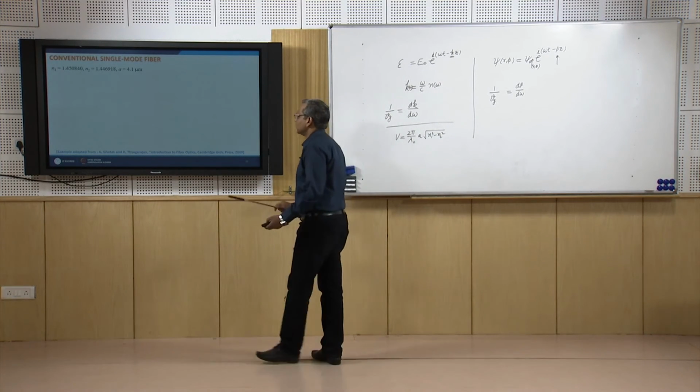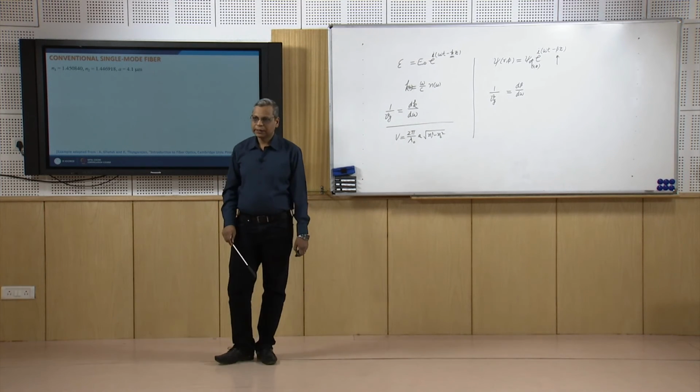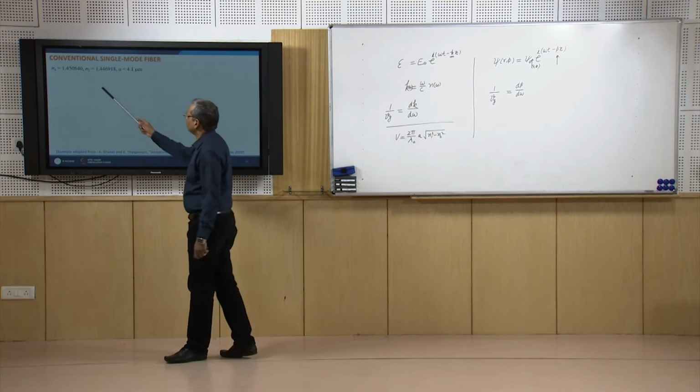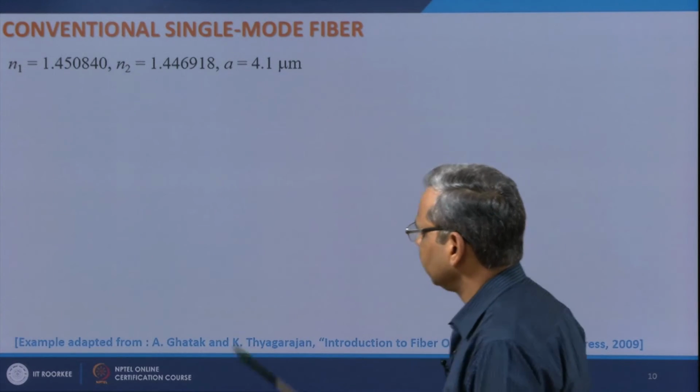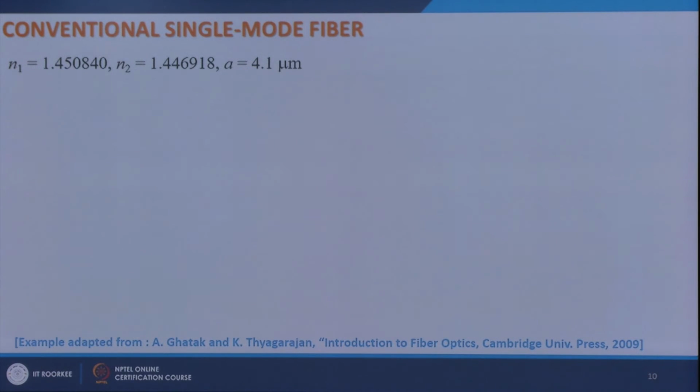Now, let us look at an example. Take a typical conventional single mode fiber whose parameters are given by this, and this I have adapted from the textbook Introduction to Fiber Optics.